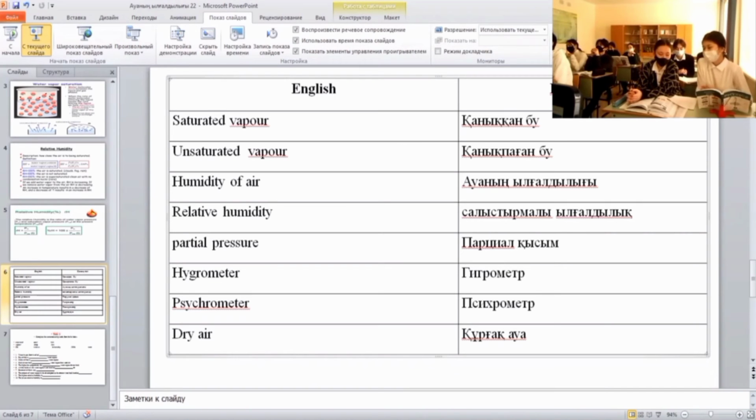Relative humidity. Partial pressure. Hygrometer. Psychrometer. Dry air.